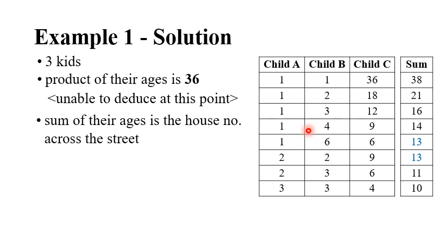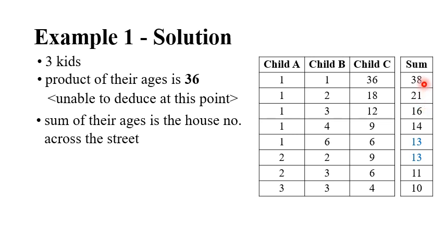So if the house number is 16, then we will be able to pinpoint the ages: child A being 1 year old, child B being 3 years old, and C being 12 years old. Because this is the only combination where the sum will be 16 years.